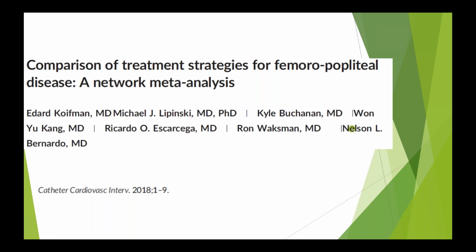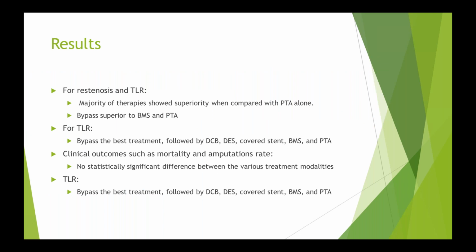Bypass reached a statistical significant superiority over bare metal stents and balloon angioplasty for restenosis, but not target limb revascularization. The highest rank therapy for restenosis was bypass surgery, followed by drug-eluting stents and drug-coated balloons, then followed by covered stents, bare metal stents, and PTA.